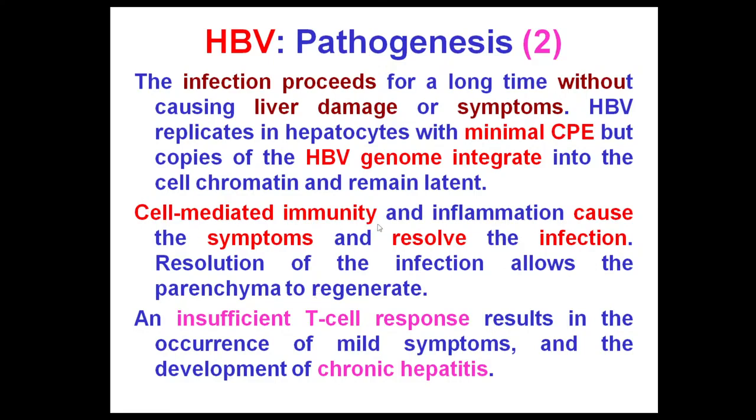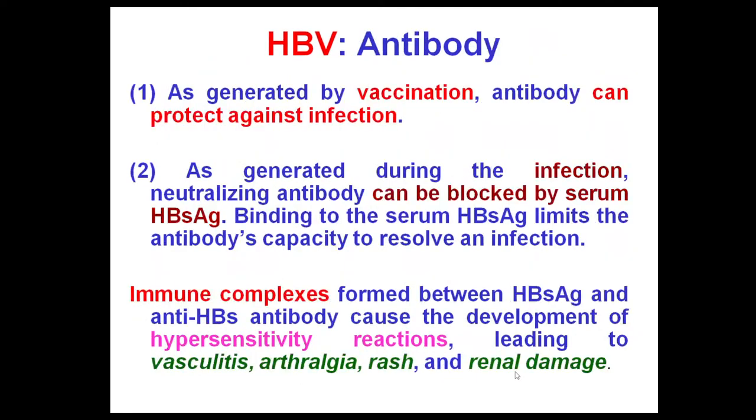If the immunity developed against hepatitis B virus is very strong, most probably we will have liver damage, but then we also have the resolution of the infection. And of course, it takes a very long while for the parenchyma to regenerate, but then it will be complete recovery. An insufficient T cell, cell-mediated response usually results in very mild symptoms and the development of chronic hepatitis.